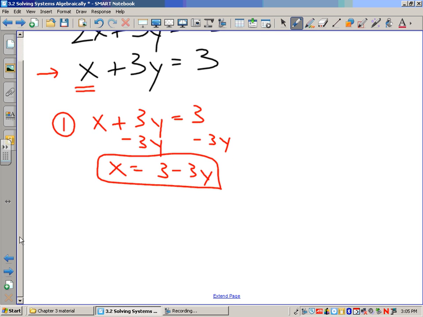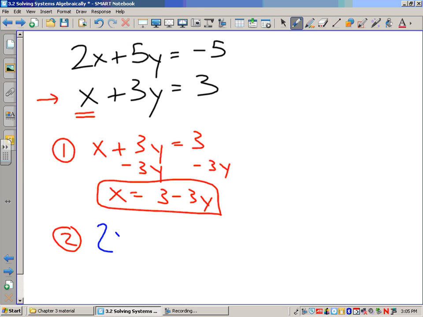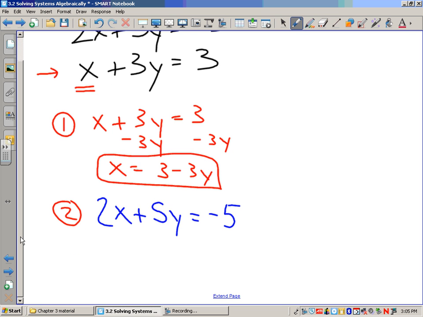That's your step 1. Step 2 says write down the other equation. So the other equation that you did not use was 2x plus 5y equals negative 5. You're going to substitute. Now it all depends on what you solved for. Since we solved for x, we're substituting for x, which means this expression is going to go in for x.